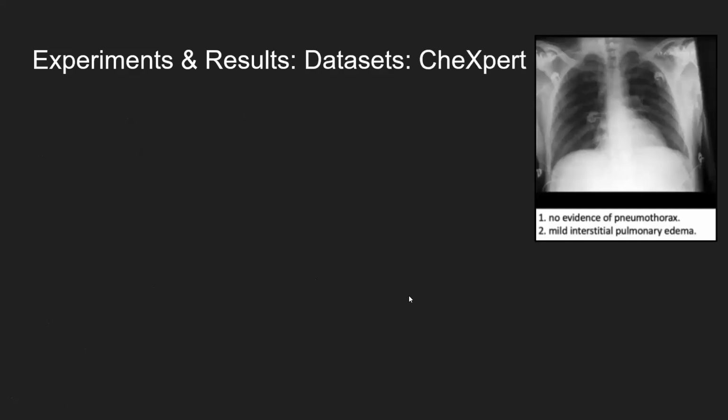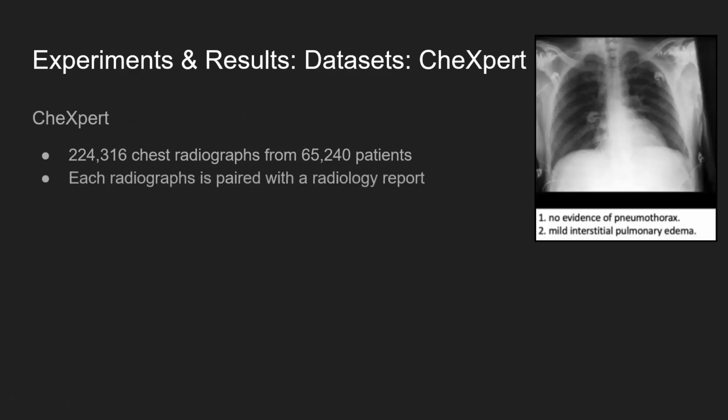So for the data sets they used, I'll start by discussing CheXpert, which consists of 224,000 chest radiographs from 65,000 patients. Each radiograph is paired with a radiology report, which is seen to the right.